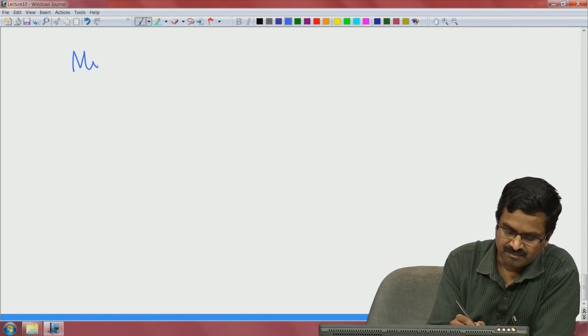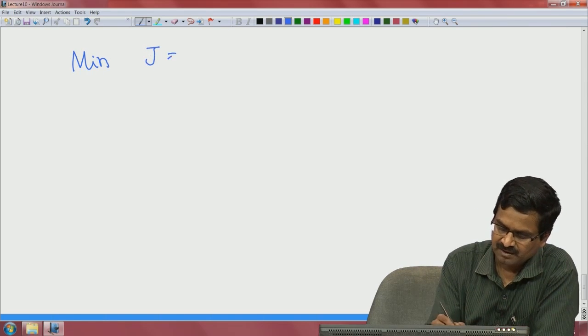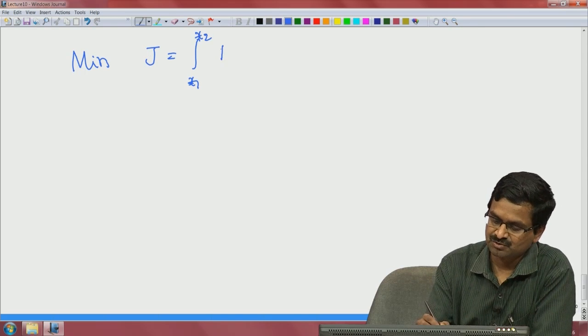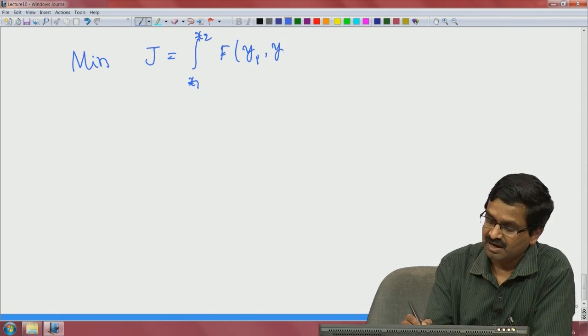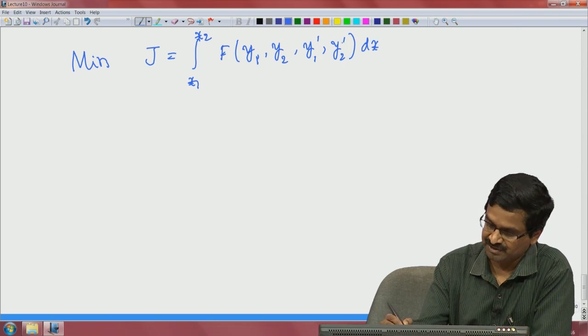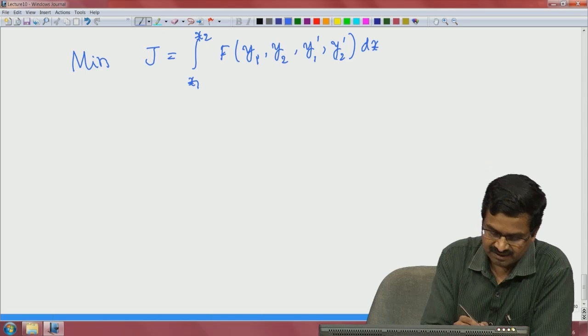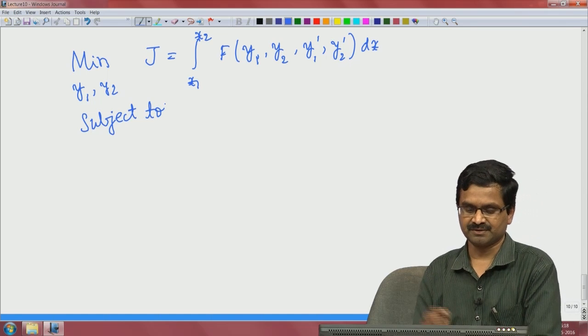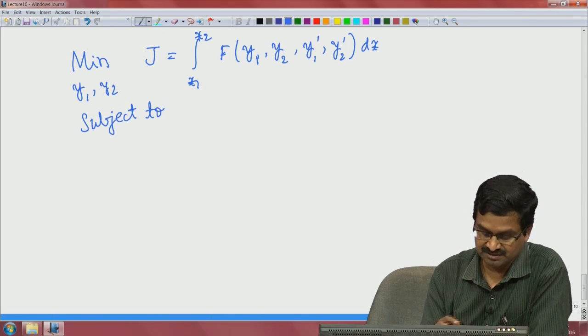Let us write that minimize j in terms of one independent variable x1, x2, f, y, 1 function, another function, and then let us say first derivative of this, second derivative of that, first derivative of the second function, sorry, that can be there, and two functions y1 and y2, and let us say that there is also a constraint, okay, subject to which we are not considered so far.